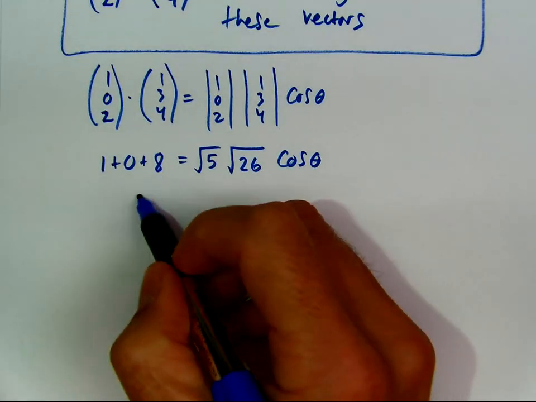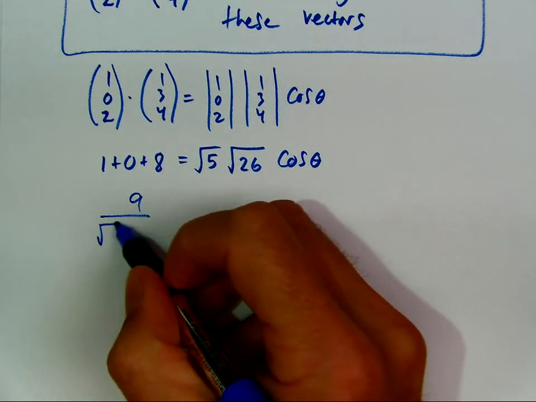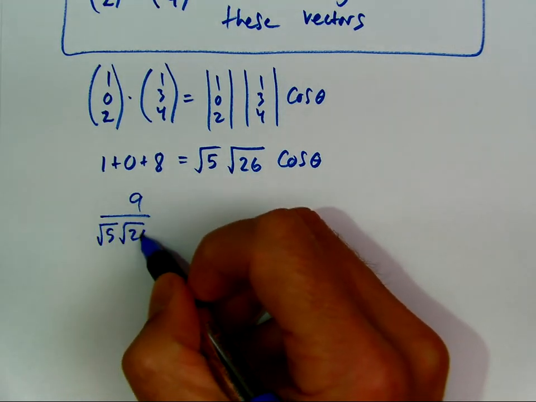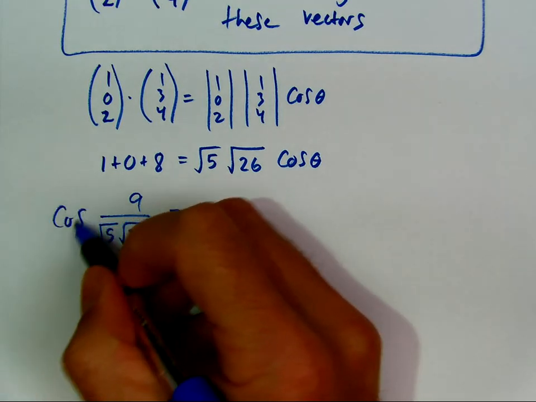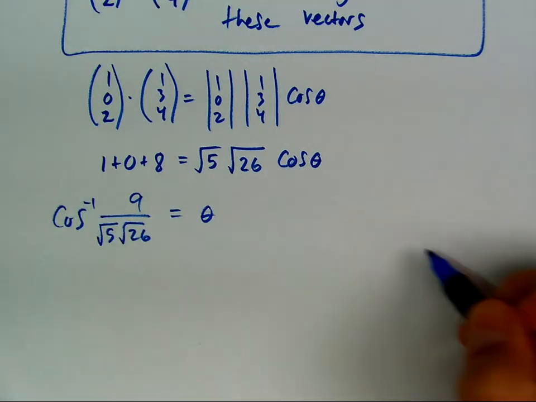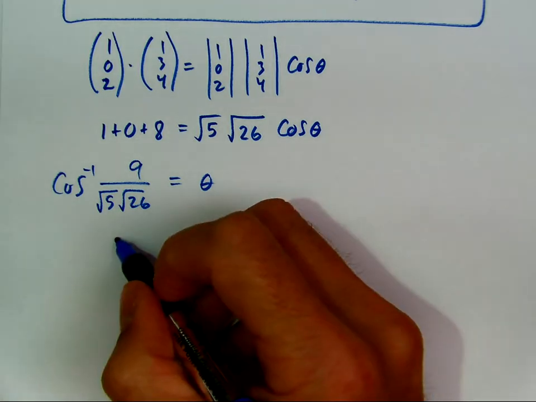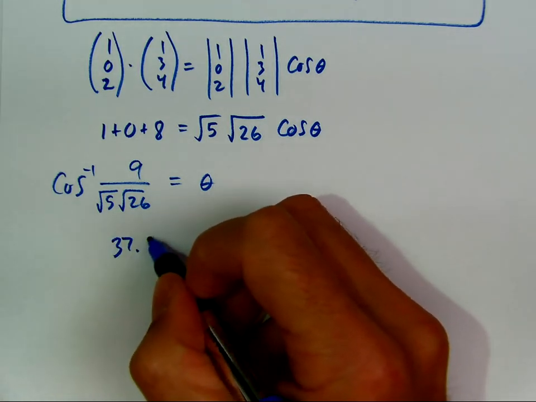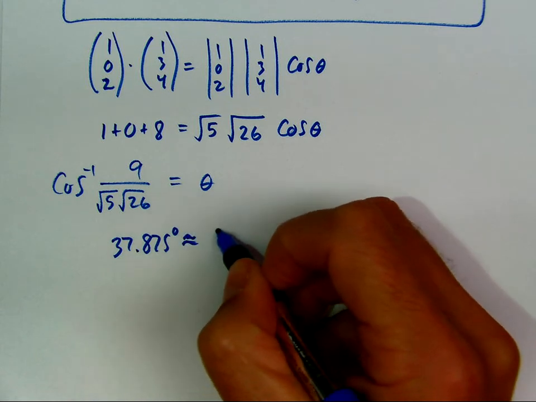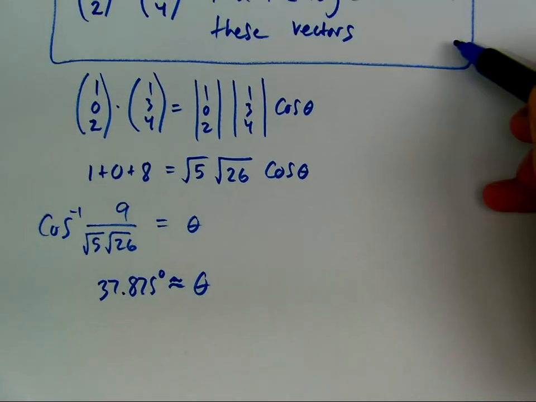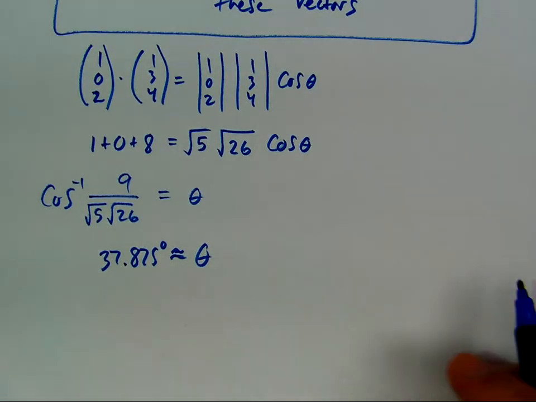And we have 9. We'll divide by this and also do inverse cosine. And we should get 37.875 degrees as approximately theta. This didn't say round it. If it doesn't say round it, just go with 3 decimal places.